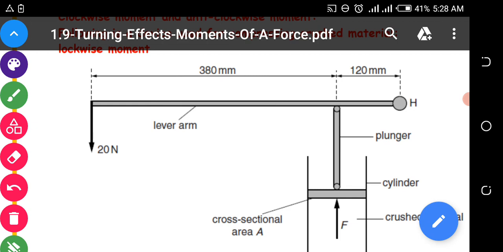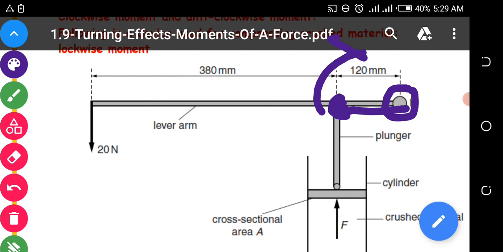Then when we look at this other force, it's acting on the lever arm at this point. If it were the only force, it would cause the lever arm to turn at this hinge in that direction. So we've got two moments.